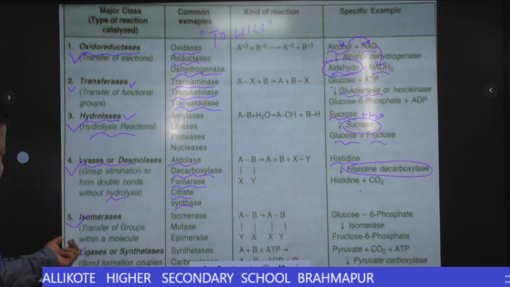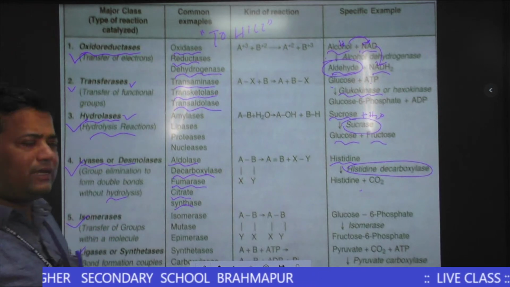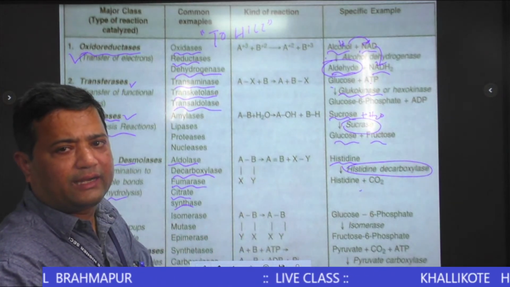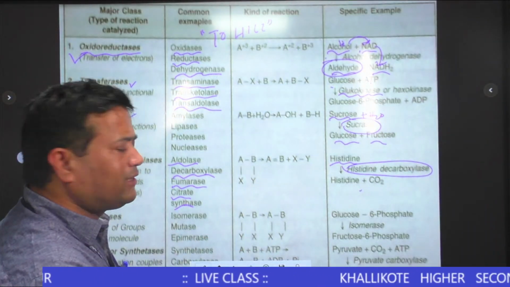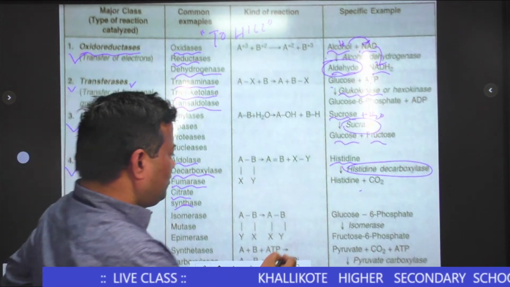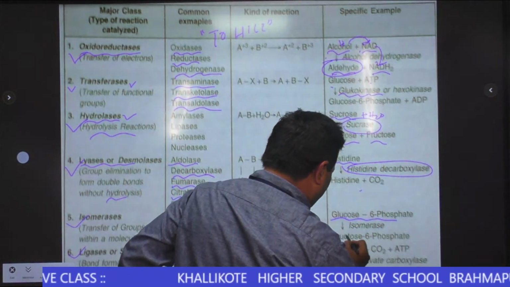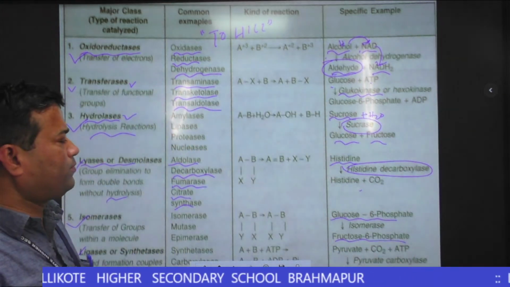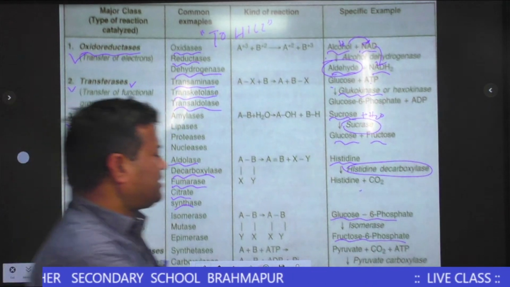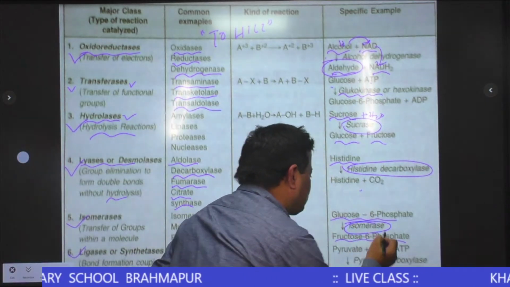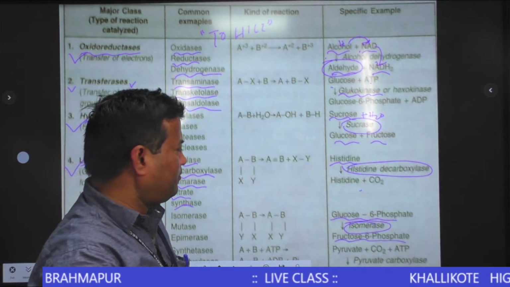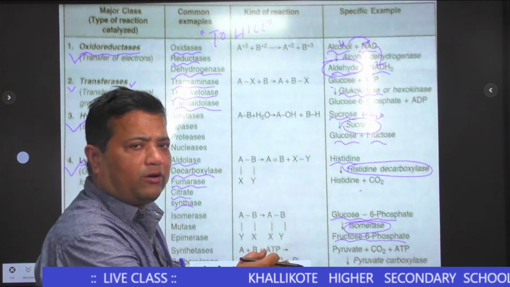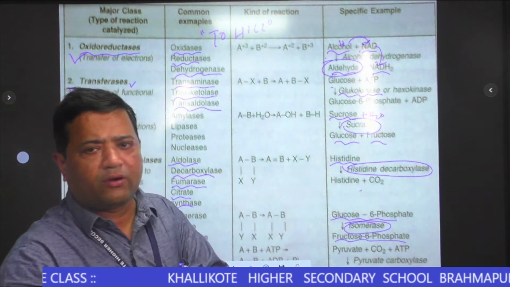Next is isomerase. Isomerase means those enzymes which carry out the isomerization reaction. Here glucose 6-phosphate is converted into fructose 6-phosphate in presence of the enzyme phosphohexoisomerase. These enzymes convert one form of isomer into another form of isomer.